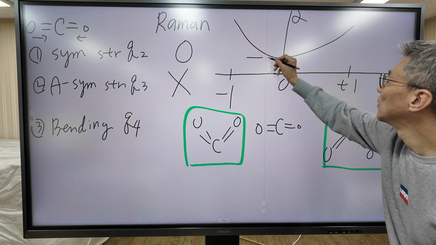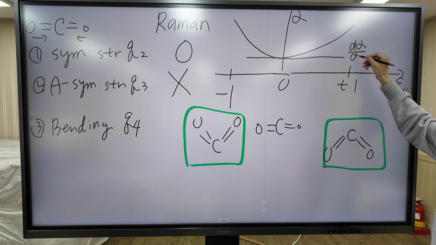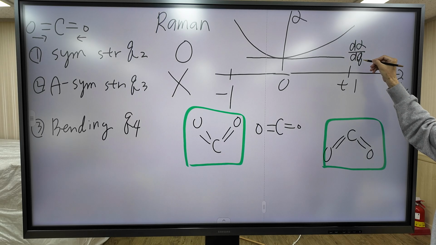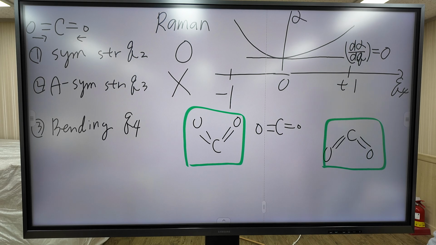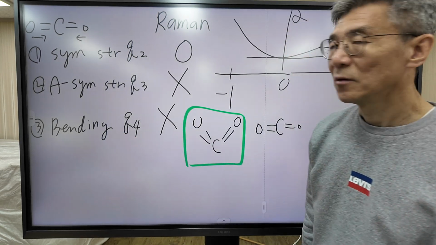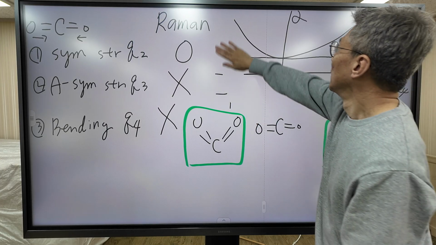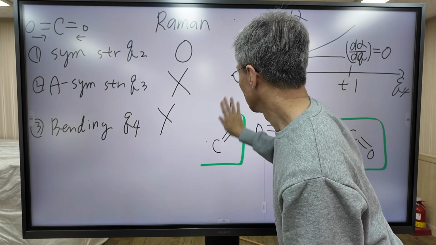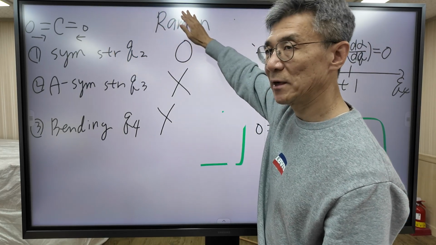So when you draw the derivative, it is also 0. So the bending mode is not shown in the Raman spectrum either. So only the symmetric stretching mode is shown in the Raman spectrum.